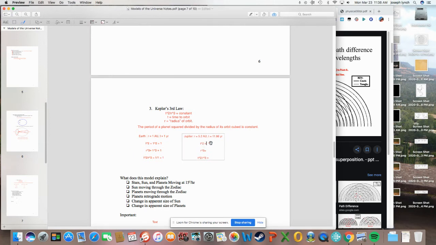So looking here, I've got the data for Jupiter. Jupiter is 5.2 AUs away from the sun. That means it's 5.2 times as far as the Earth. And the time it takes for Jupiter to go around is 11.86. So T squared, T is 11.86. I'm going to square that, and that's going to equal 140.7. And then R cubed, I'm going to take the R value here, this 5.2, and cube that.